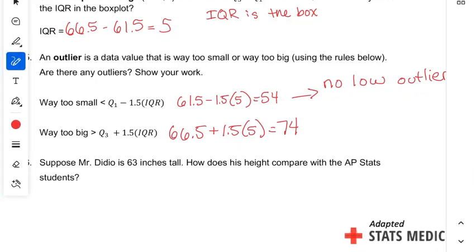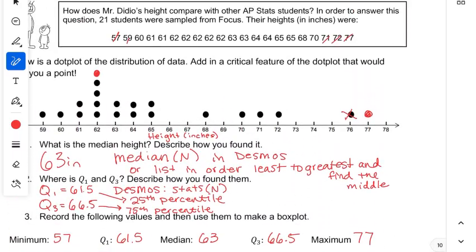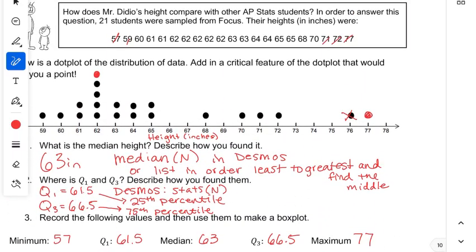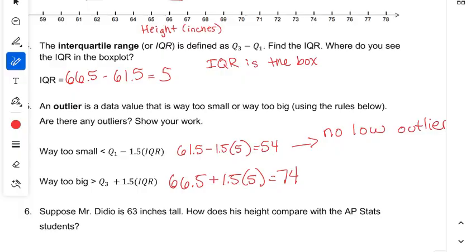So that's 74. And look back at your data. Do we have a high outlier? Yes, it's at 77. So high outlier at 77.